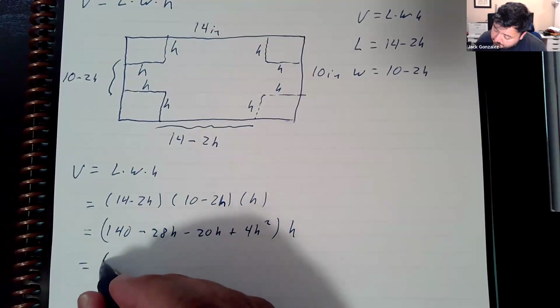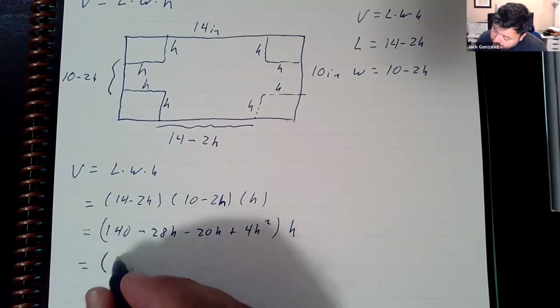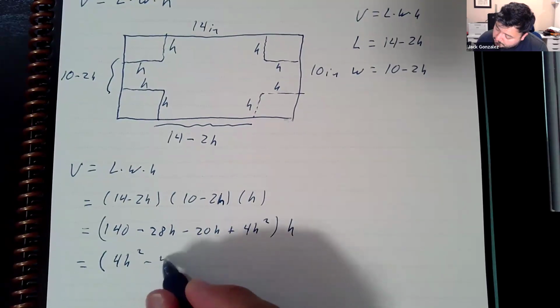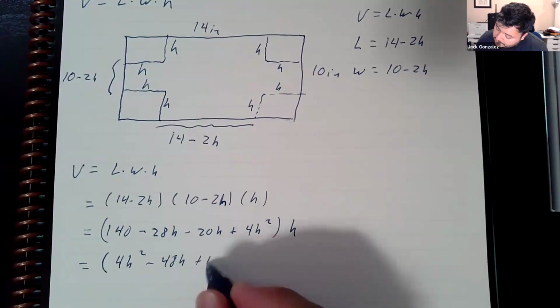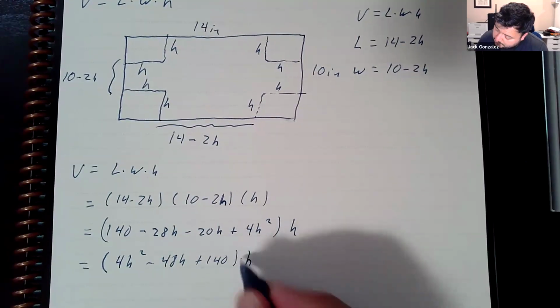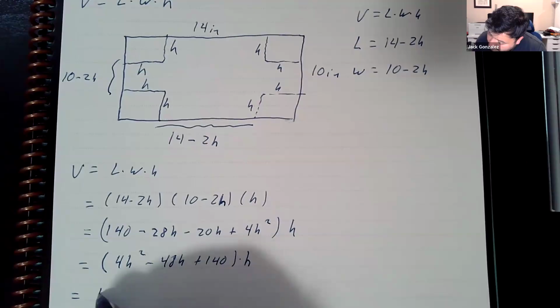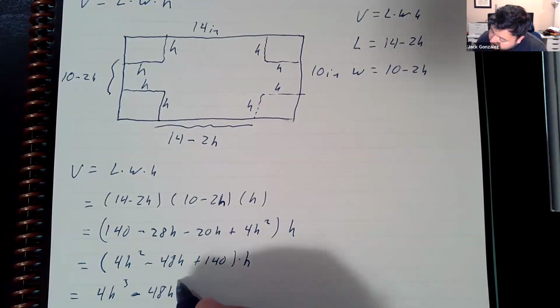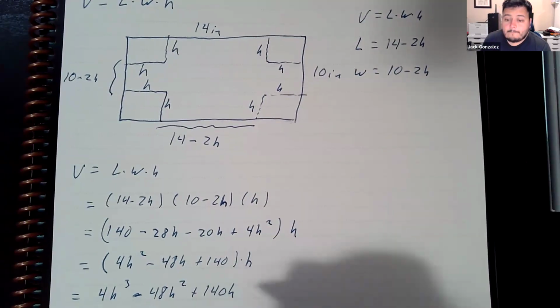Add all that up. Going to be 4h squared minus 48h plus 140 times the h. So finally we got 4h cubed minus 48h squared plus 140h.